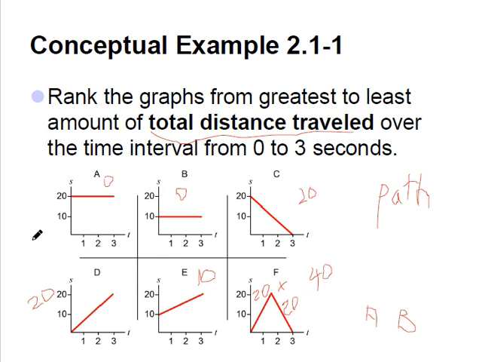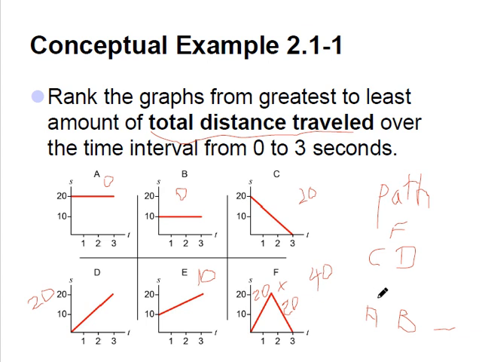See how easy it is? All I look for is the path taken. No path has been taken, no path has been taken, therefore the lowest. Rank it down. Highest is your F, because it has total distance traveled of 40 units. Second is C, 20 units total distance traveled, and D, they tie.